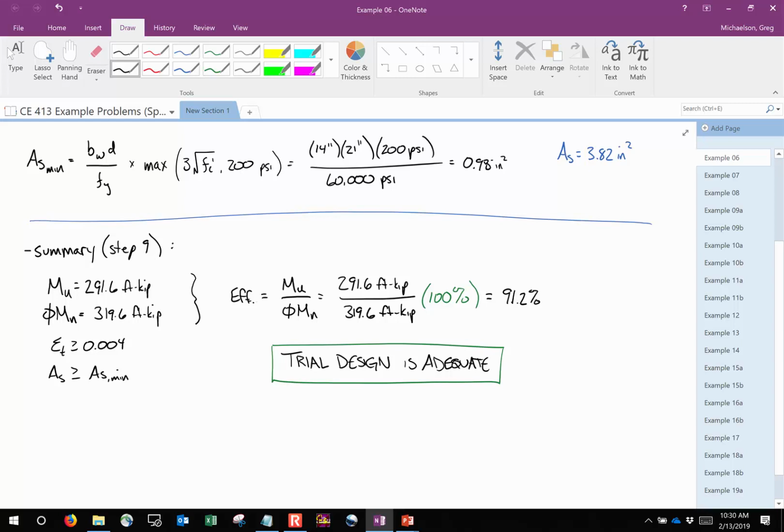You tell me. No, I mean the opposite. That's a good point. That would happen if this efficiency went over 100%. Sort of like Price is Right, you know, up to this number without going over. If we go over 100%, what that means is that the factored moments are larger than what the beam can withstand. So we want this number to be as close to 100% without going over.